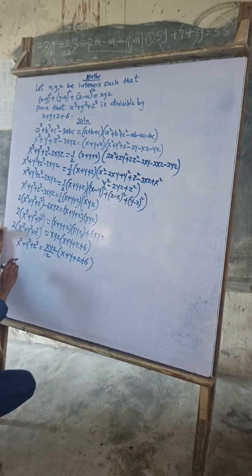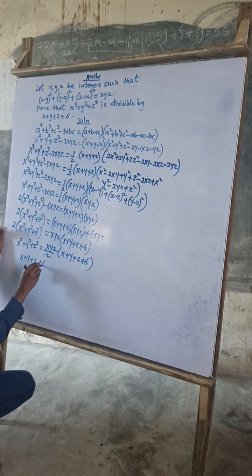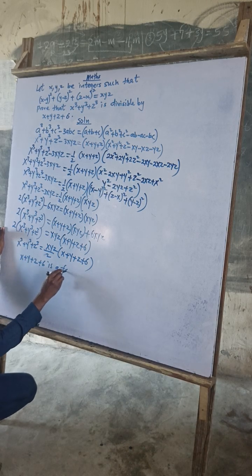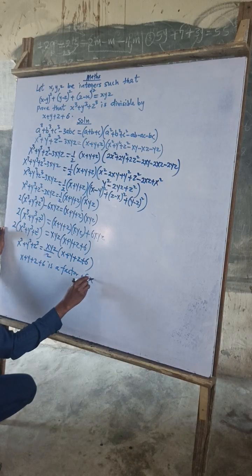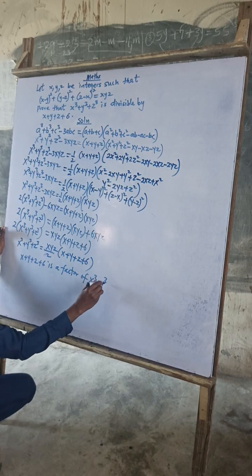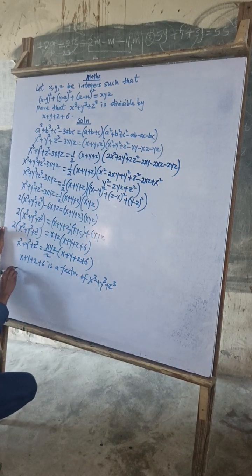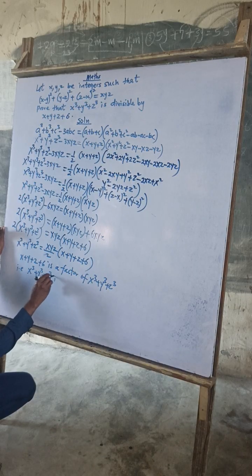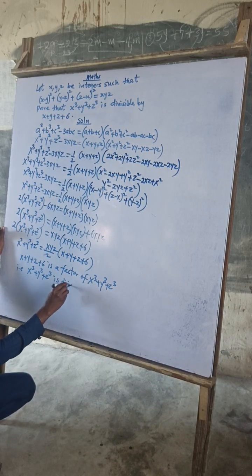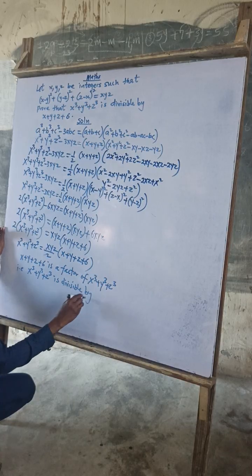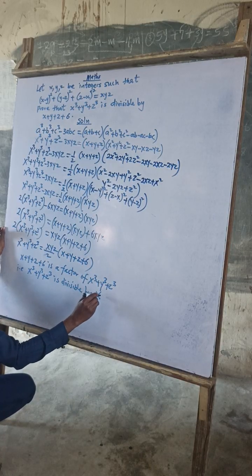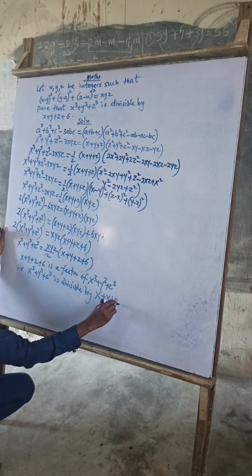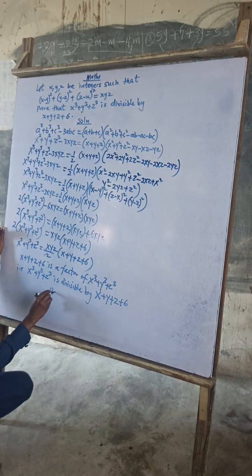That implies that x plus y plus z plus 6 is a factor of x cubed plus y cubed plus z cubed. That is to say, x cubed plus y cubed plus z cubed is divisible by x plus y plus z plus 6. Proved as required.